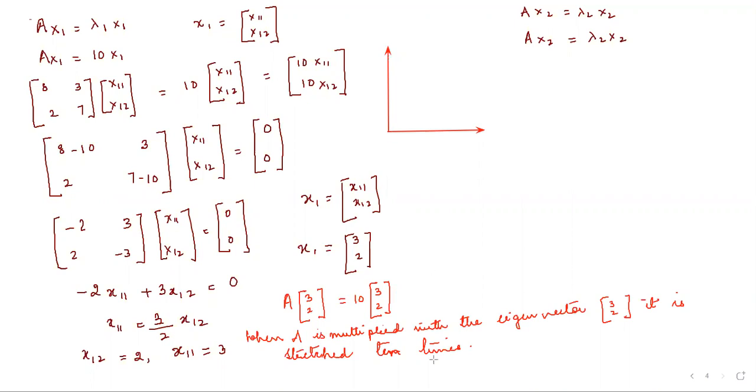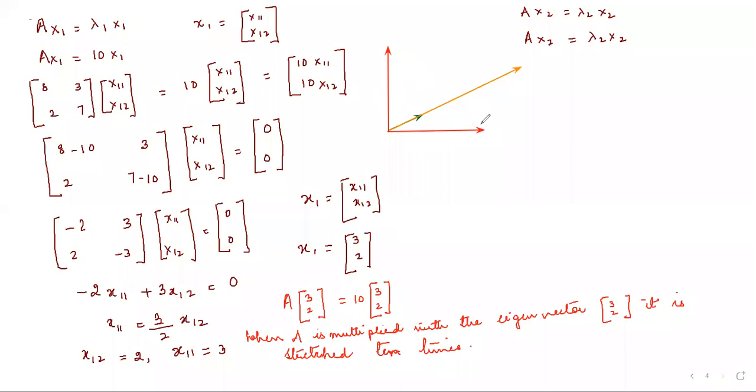Let us take a different color and show 3, 2 first. So 3, 2 from here was this much, 3 and 2, a bit like this. Now after the multiplication, it has stretched. This yellow vector has stretched. Now we have these two things here.